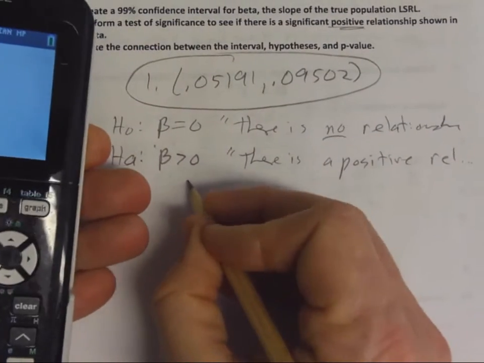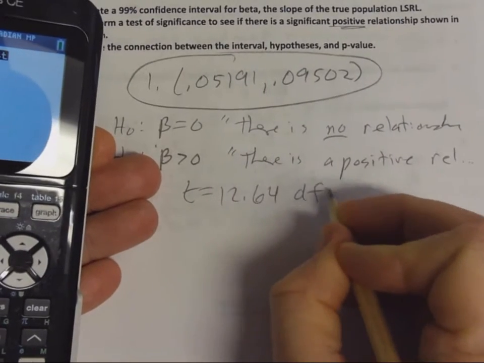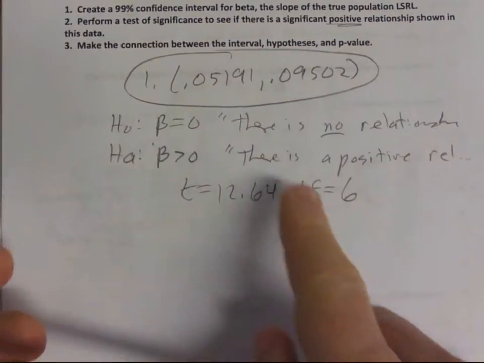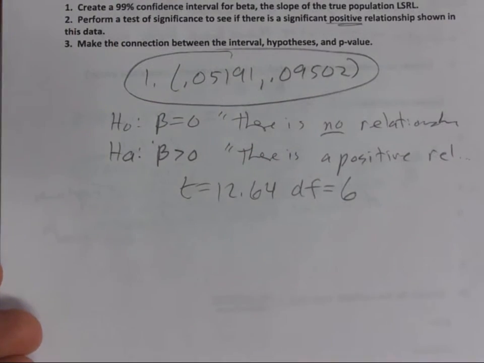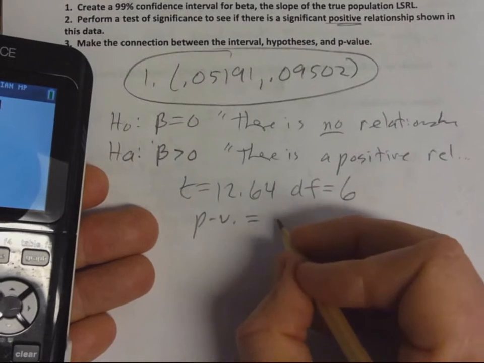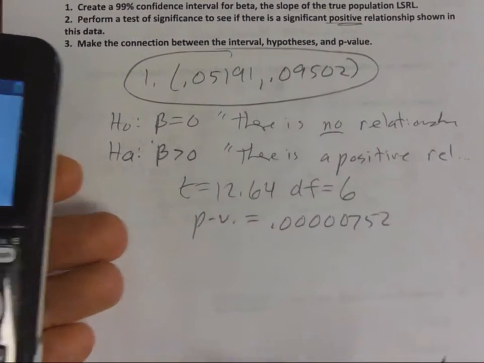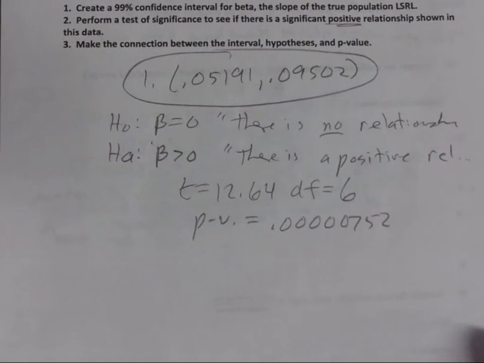So we would write t is approximately equal to 12.6. Of course, you always write your degrees of freedom, which is 6, the sample size minus 2. And then our p-value is equal to 7.52 times 10 to the negative 6, and that is going to be statistically significant for any reasonable value of alpha.